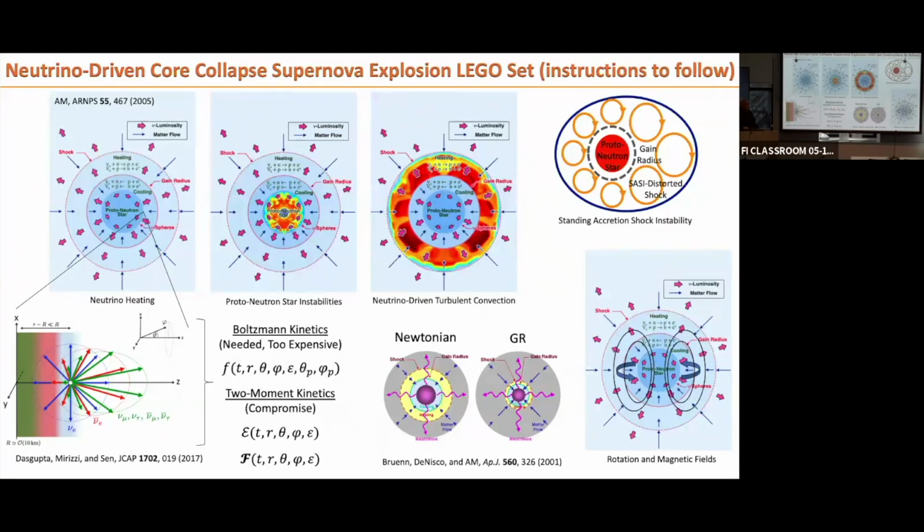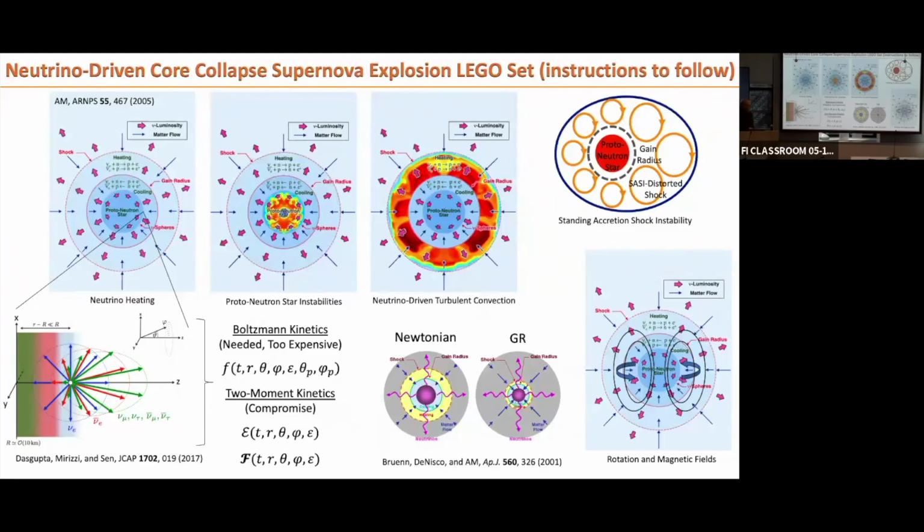If you take the Boltzmann kinetic equations and integrate out the neutrino angular information, you can derive a series of moment equations for the energy density and the energy flux. And then, of course, you have higher moments, but we truncate the equations at the level of the second moment. We call this a 2-moment approach, even though there's 3 of these. So really, we're solving for 4 moments.